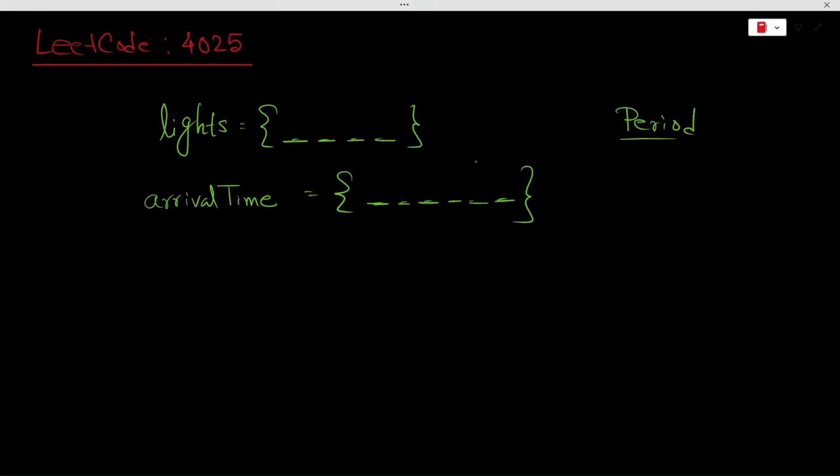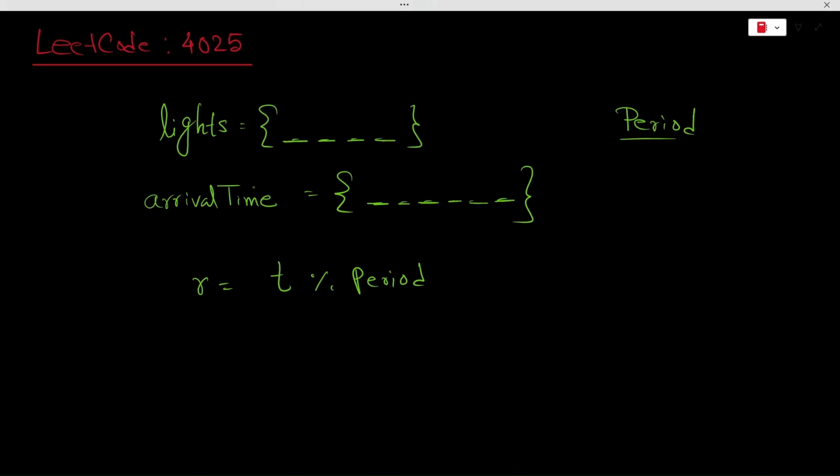Now we have to assign each car to a traffic light so that the maximum waiting time of any car will be minimized. Now suppose a car comes at time t and the value r is t modulo period.